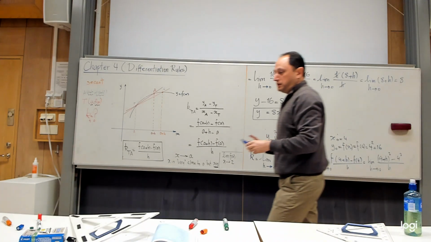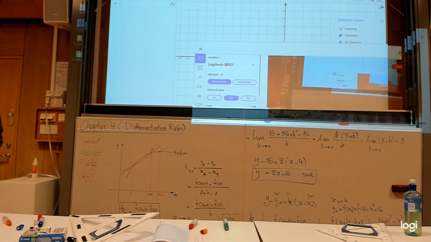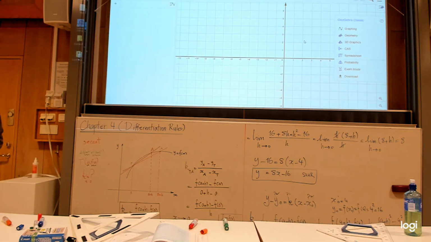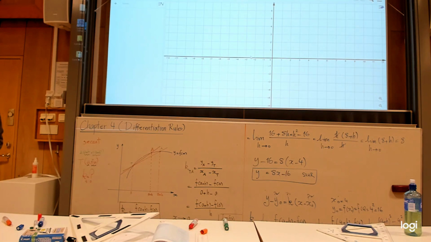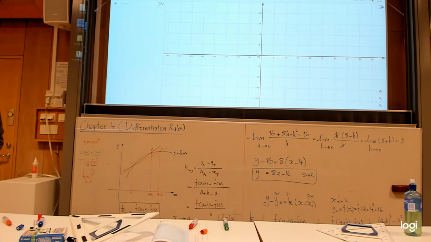Okay, so let me try to see if we have some features in GeoGebra for that one as well. Let me zoom in a little bit because I need 16 at least. So here I have my function, y is equal to x squared.